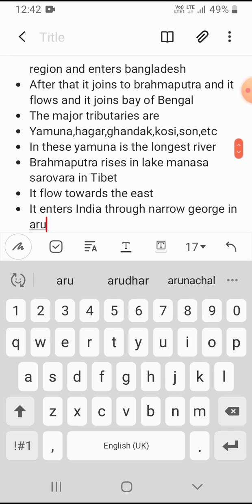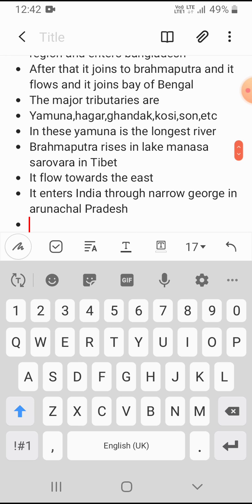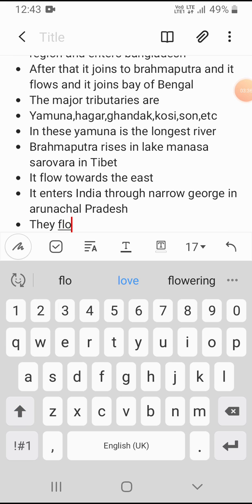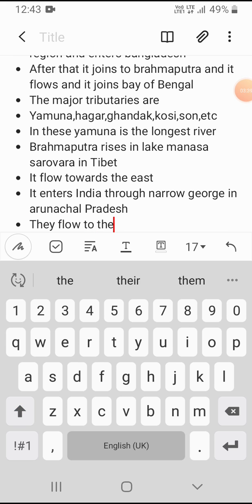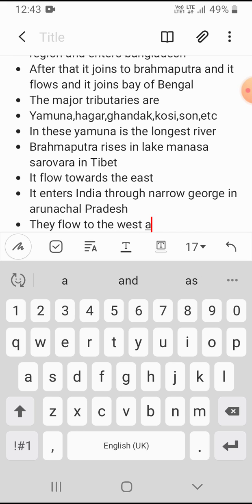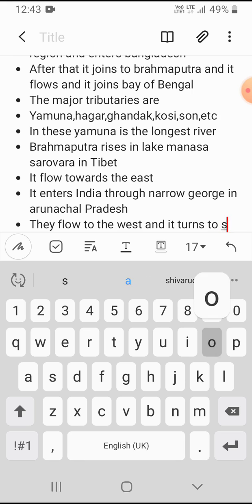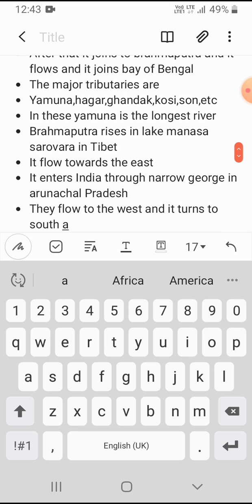Then it flows to the west, turns to the south, and enters Bangladesh.